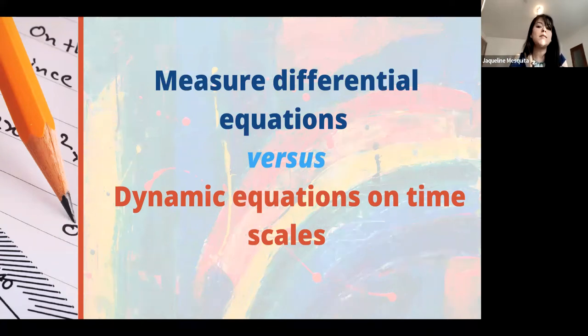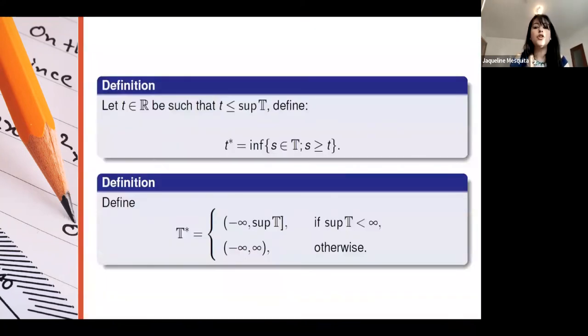For example, when we deal with the set of integers, we have holes between points. These holes we need to fill in order to establish this bridge between these two types of equations. So we need to define some operators that can extend our time scales and the definition of our functions over these holes.